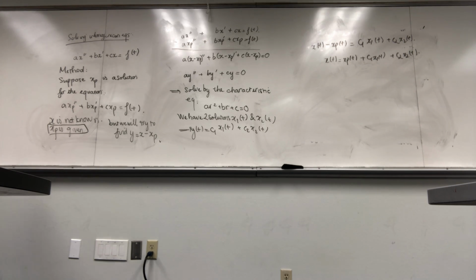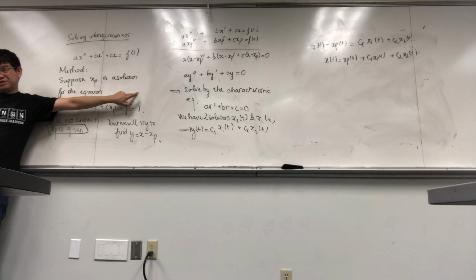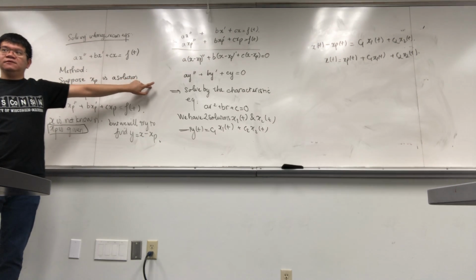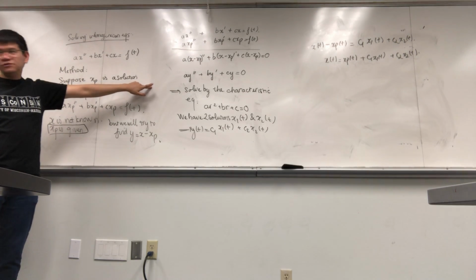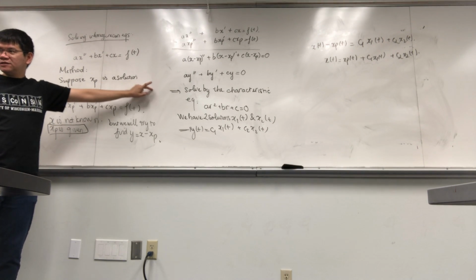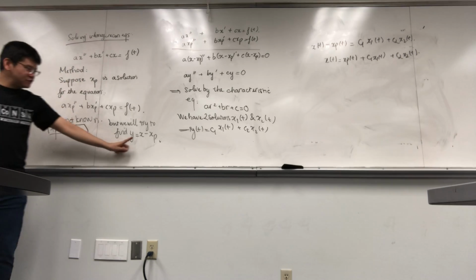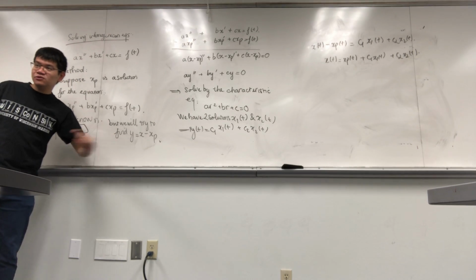So I explain again. If I give you an inhomogeneous equation, first you have to find a particular solution. If you know one solution, then you know how to solve the equation, because you consider the difference between the solution and the particular solution.